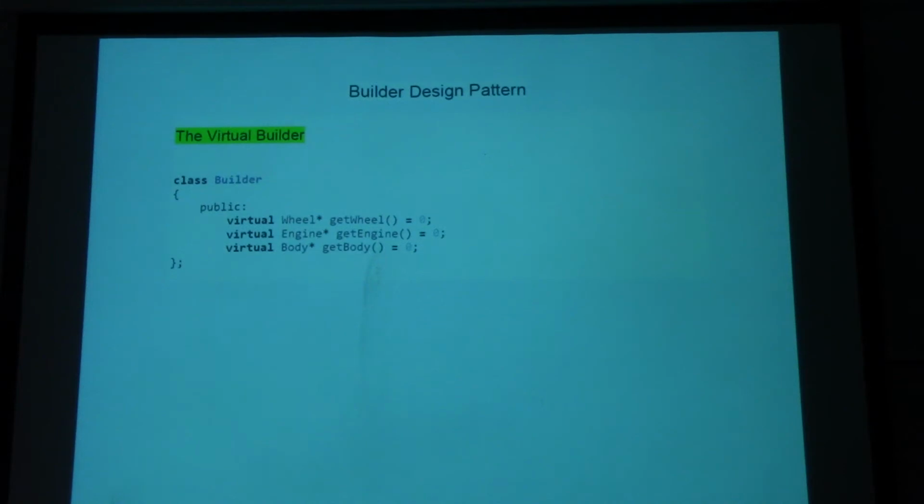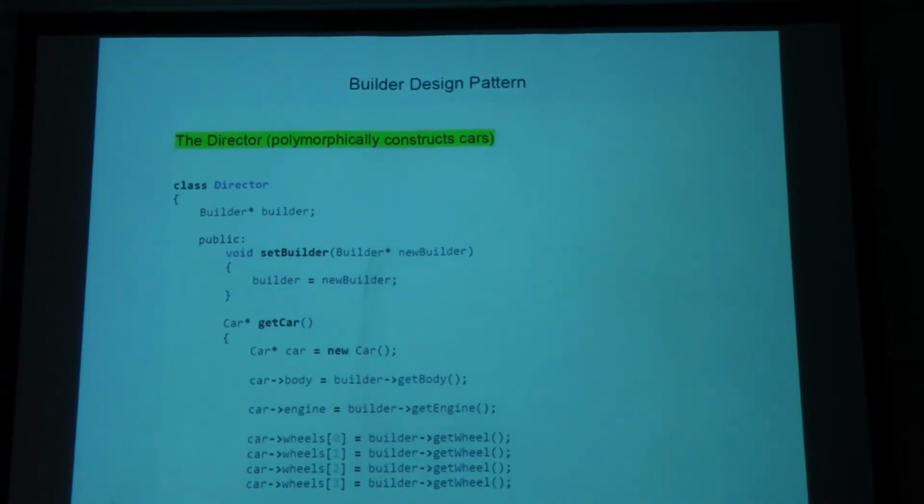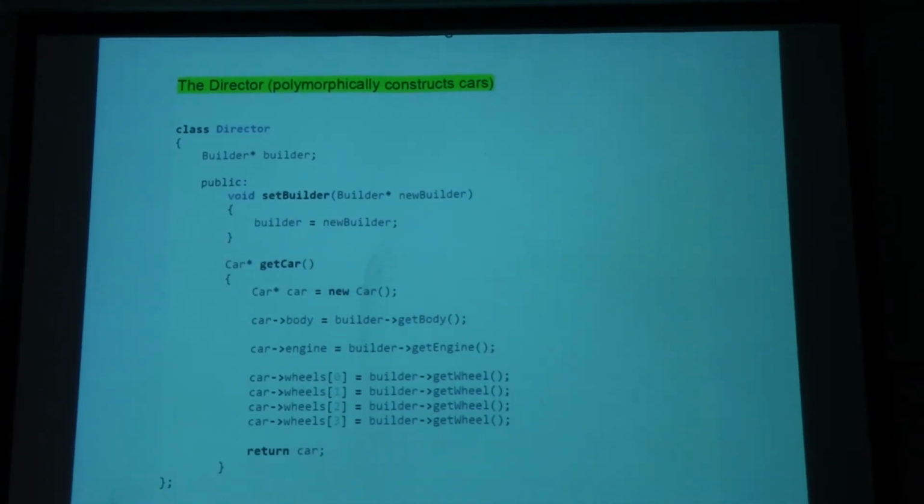So now we're going to look at this director. The director is going to be sort of driving this whole process. So the director will get a pointer to a builder. Okay? And then, once you get a pointer to a builder, you can actually have another method called set builder. So if you want to put in a new builder, you can put in a new builder to the director.